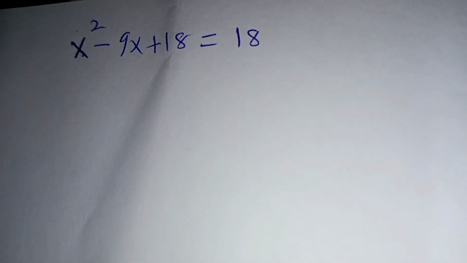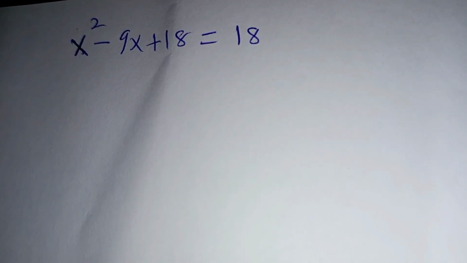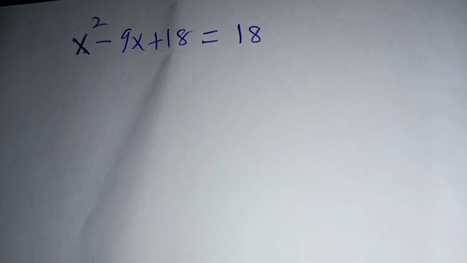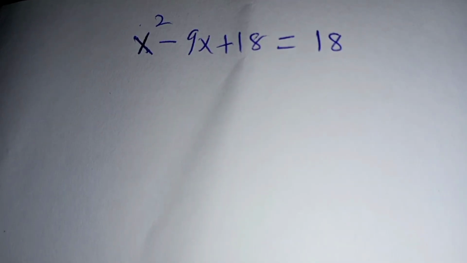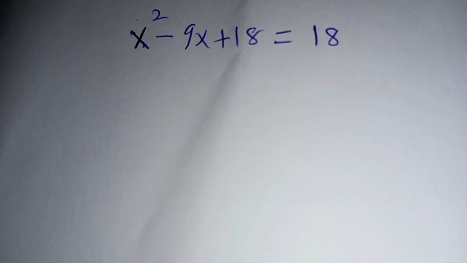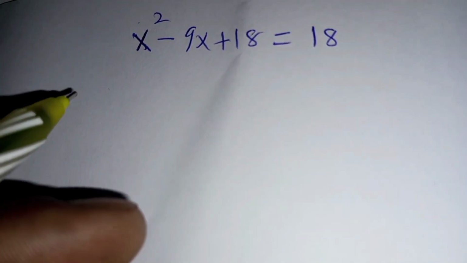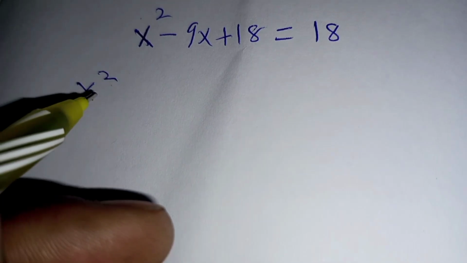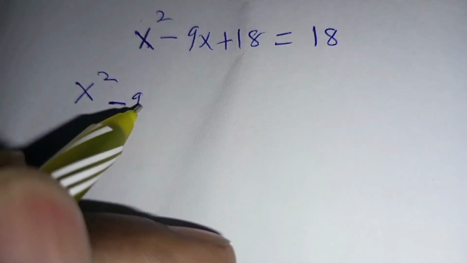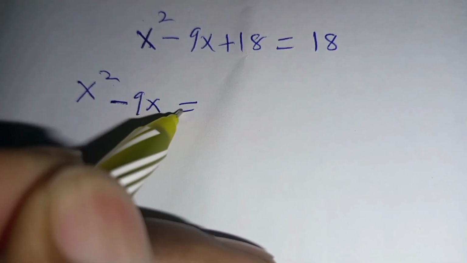Considering the other case where n is 18, we shall have x squared minus 9x plus 18 equals 18. Taking 18 to the left, we shall have x squared minus 9x being equal to 0.